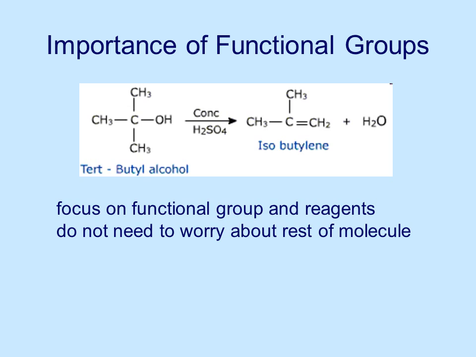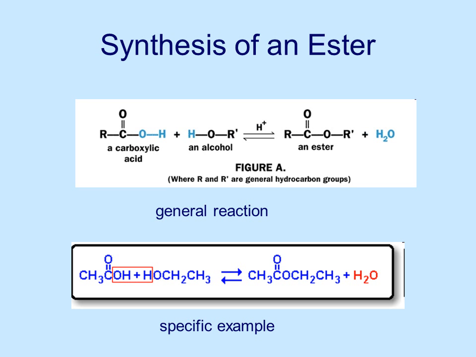So any alcohol is going to do this, so we don't have to worry about what's hanging off on it. We just worry about the functional group itself. Likewise, a carboxylic acid plus an alcohol will form an ester. The R groups can be pretty much anything. The important thing is the carboxylic acid functional group and the alcohol functional group to show the reaction between the two.